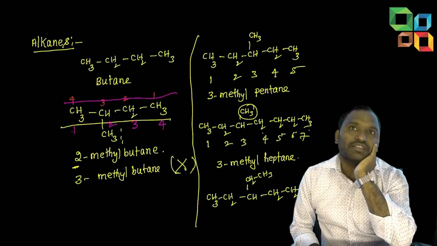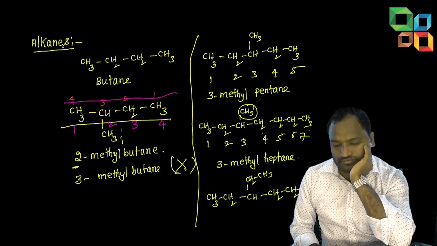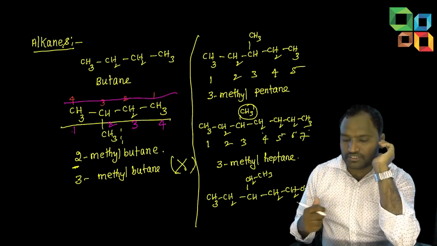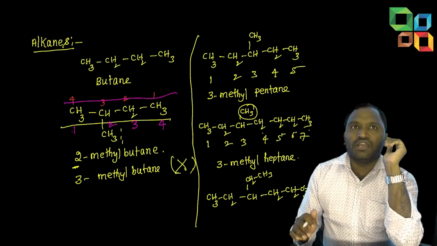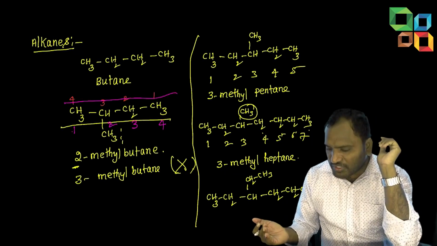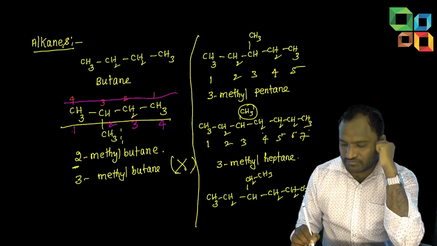Ethyl. Which position is it? Third position. Very good. So tell me, students, together: 3-ethyl hexane. How many carbon atoms are there? Six, hexane.